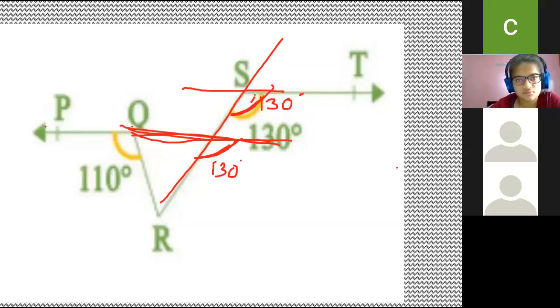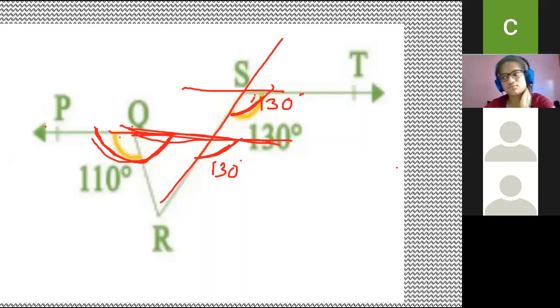Ma'am, for 70 degrees, once again, can you tell? Just observe this, children. I have extended this line. What is the value of this angle? It is 180 degrees, because it is an angle on a straight line.